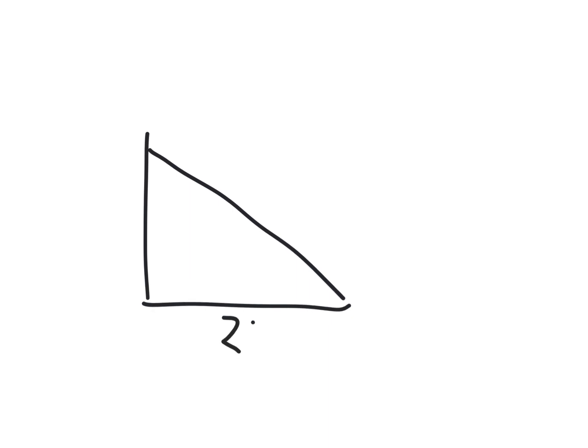This side's 2x, this side we don't know, and this side is 1. A lot of people are going to make a little mistake on this. Be careful. In a moment, you're going to share what you think that third side is with the kid next to you.